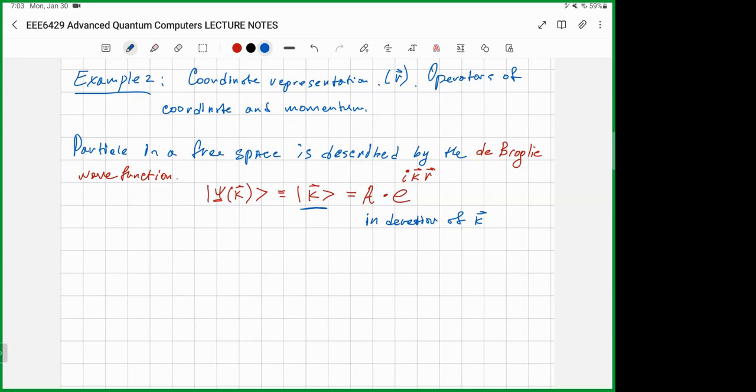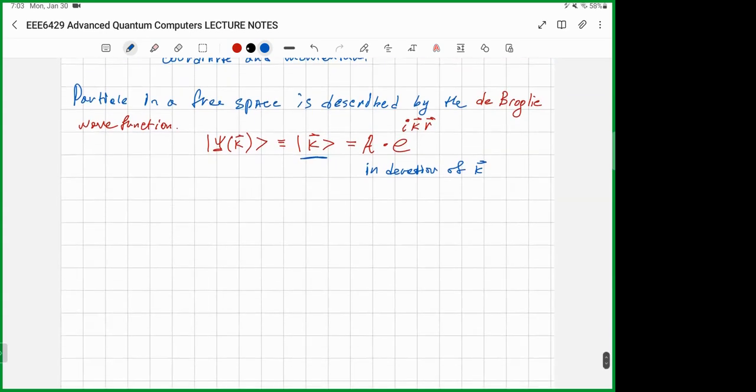So this k vector is different. I can write the same like k1 vector, which is A e^(i k1 r).